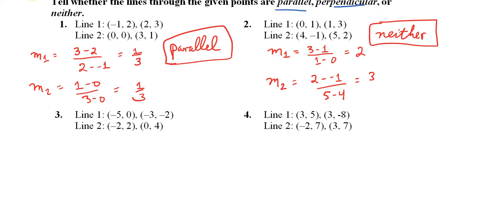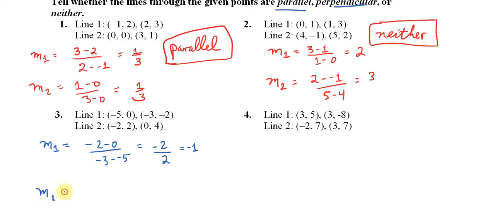Example 3, just moving right along. The slope of the first line is negative 2 minus 0 over negative 3 minus negative 5, so it's effectively adding 5. We get negative 2 in the numerator and 2 in the denominator, so that's negative 1.